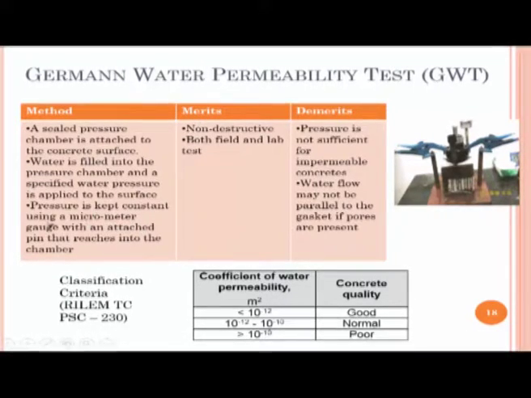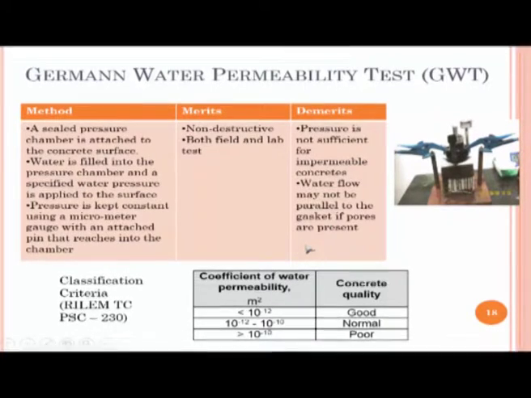Pressure is kept constant using a micrometer gauge with an attached pin that reaches into the chamber. As the water keeps penetrating, the position of the pin changes, which can be traced back to the permeability coefficient. This is non-destructive, and it can be used for both laboratory and field measurements.